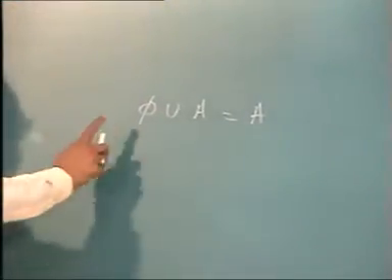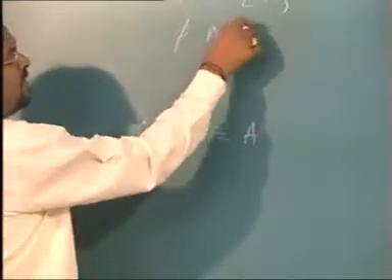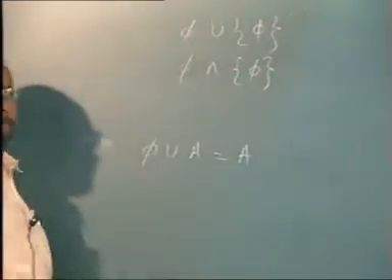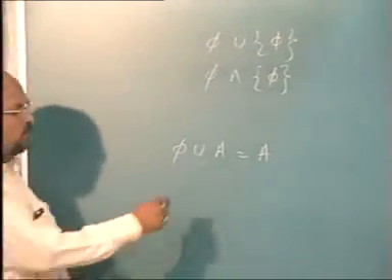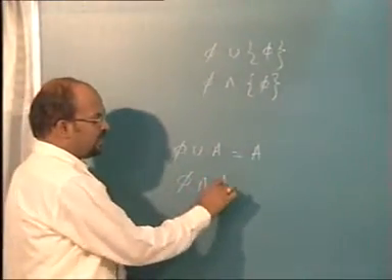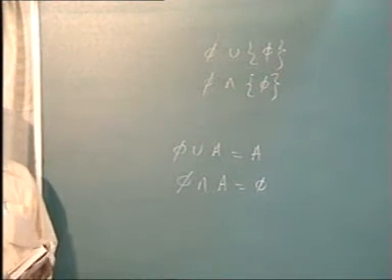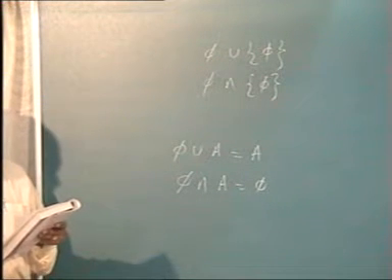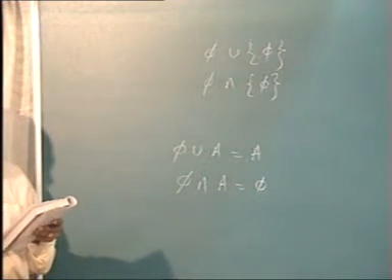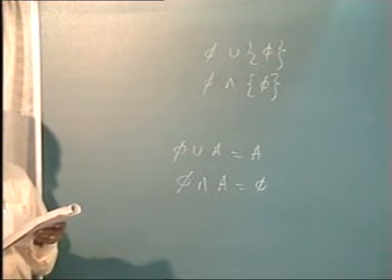That's a standard rule. Second, phi intersection curly bracket phi. Phi, because again the rule, null intersection with any set will be always null. There is no element which is common. Next 4 I leave it to you.